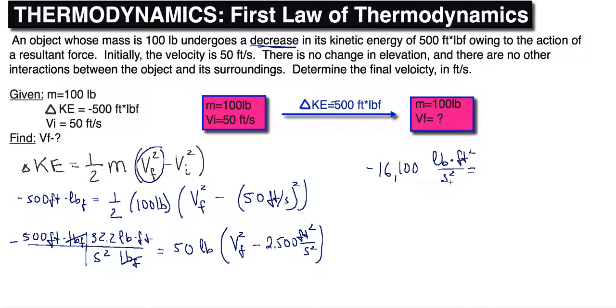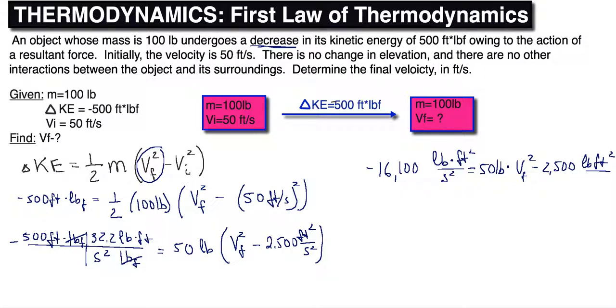And on the other side, we have 50 pounds times Vf squared minus 2,500 pounds times feet squared divided by, I'm sorry, it's actually not going to be 2,500.